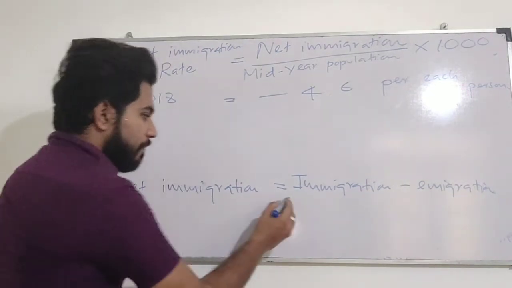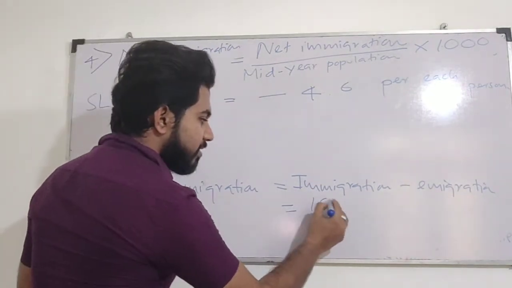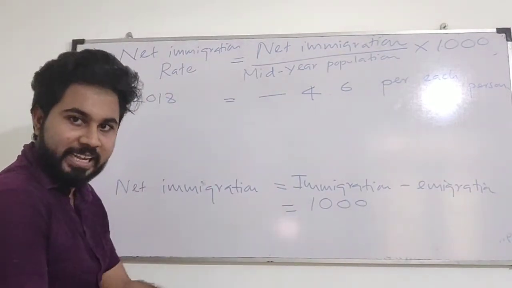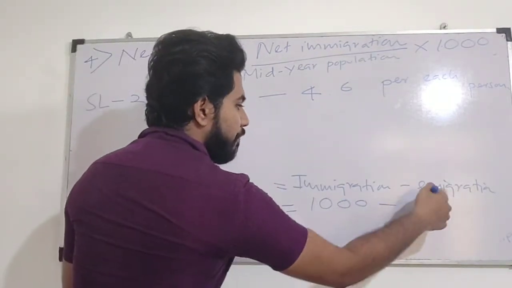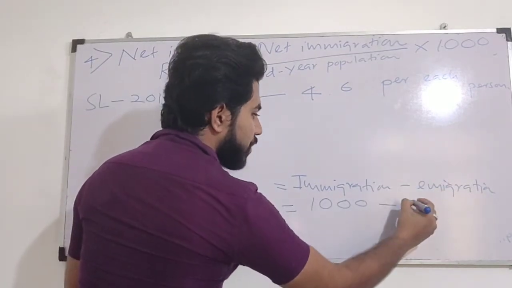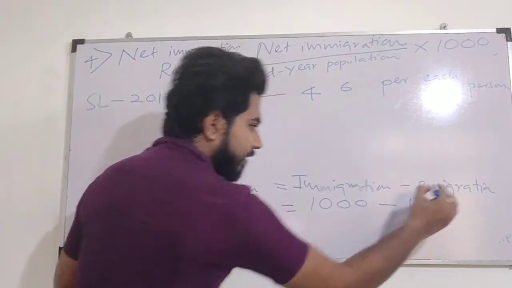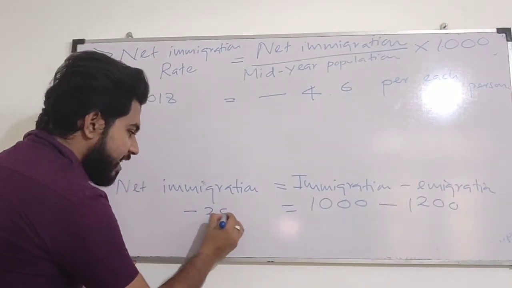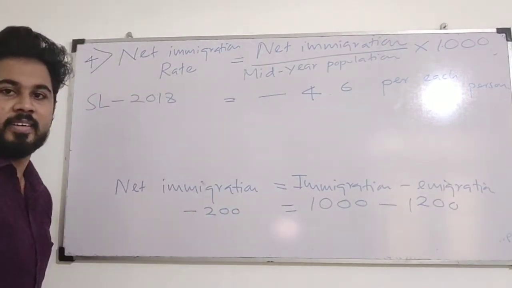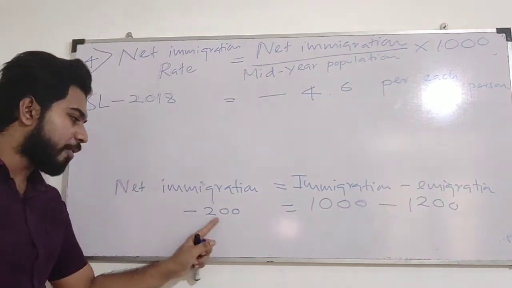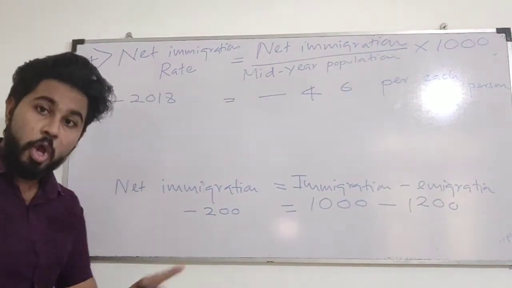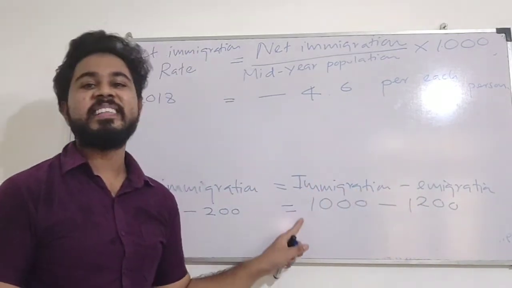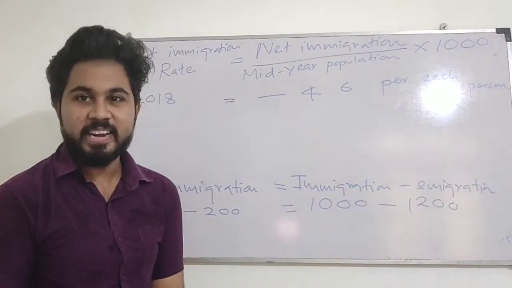Now suppose immigration is 1,000. That means the number of people who came in is 1,000. And the number of people who went out, emigration, is 1,200. Then what will be the answer for net immigration? It is minus 200. That means net immigration will be a minus value only if emigration is greater than immigration. Am I clear?